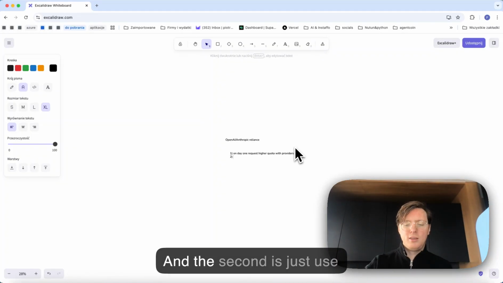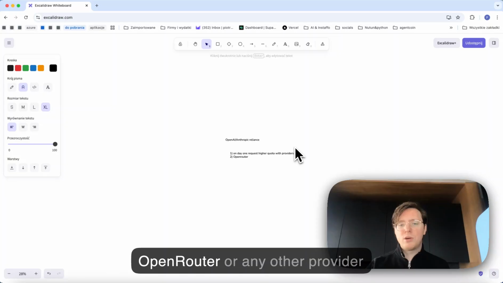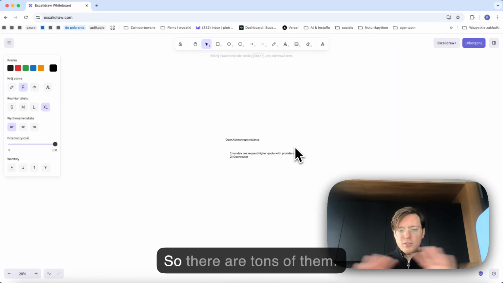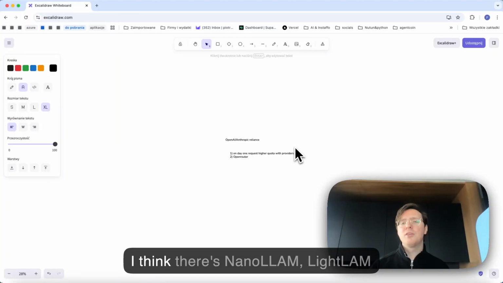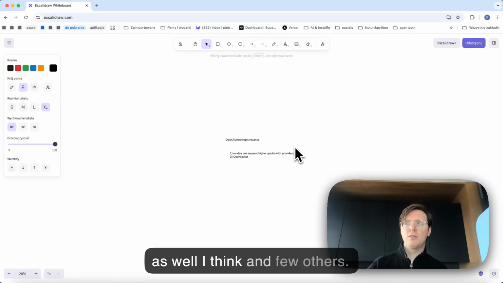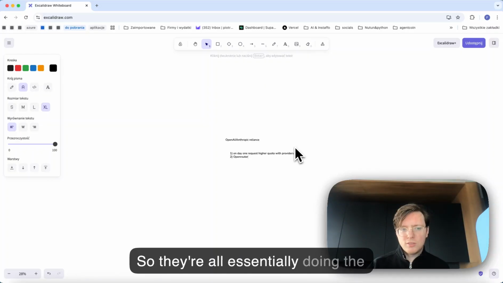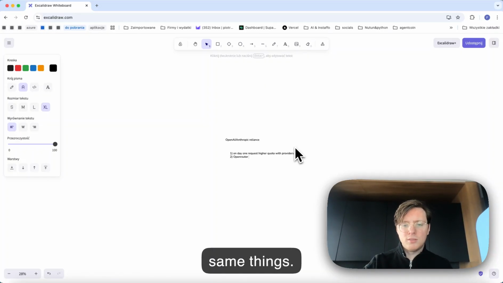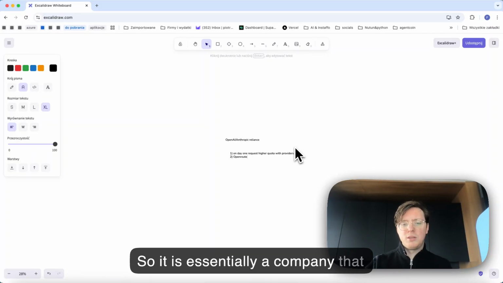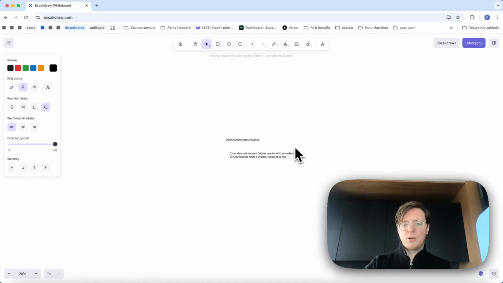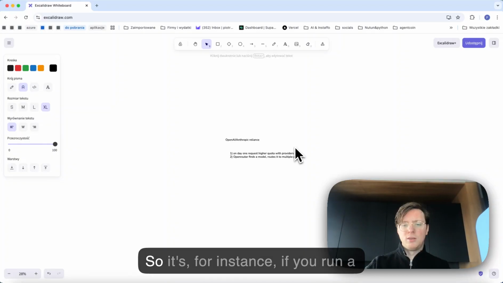And the second is just use OpenRouter or any other provider like that. There are tons of them. I think there's Nano LLM, LiteLLM as well, and a few others. They're all essentially doing the same thing. It is a company that finds a model and routes it to multiple providers.